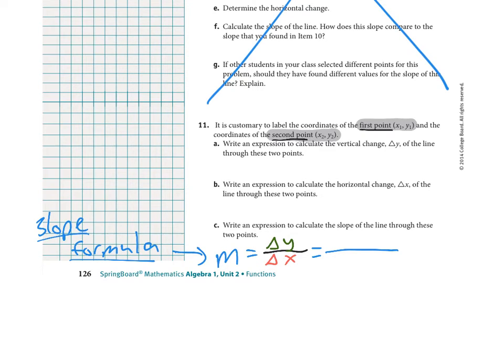So we could mathematically calculate the change between two y values by taking their y values and subtracting, y2 minus y1. Okay, that will show us our change vertically, our change of y. And now our change in x, we take the second x value and subtract the first x value.